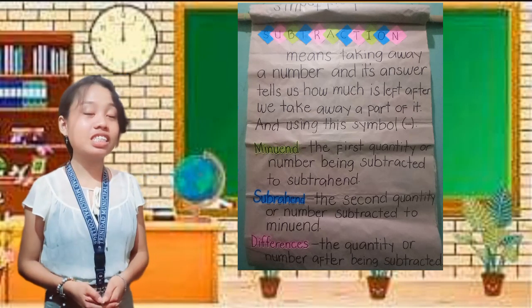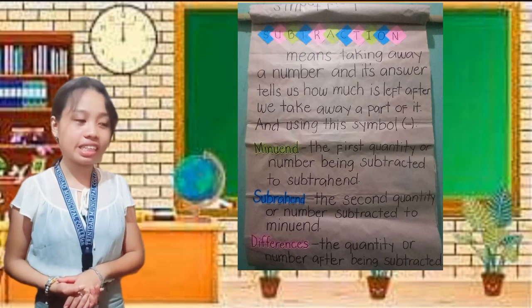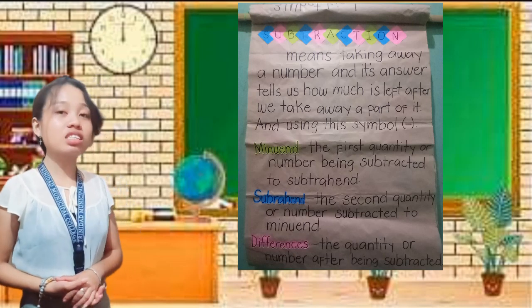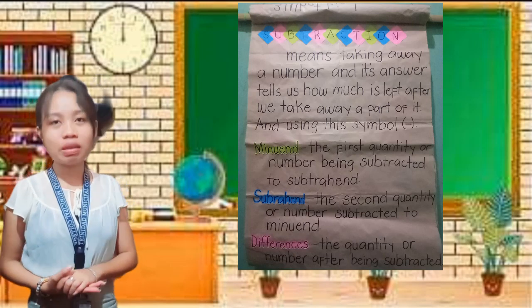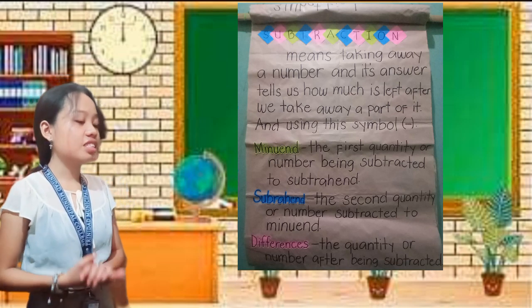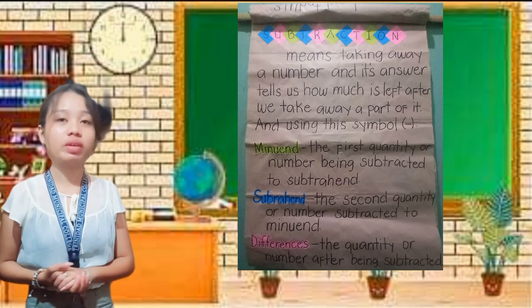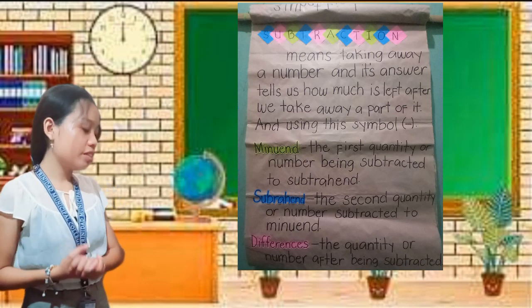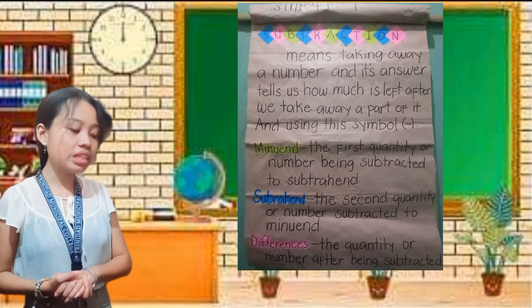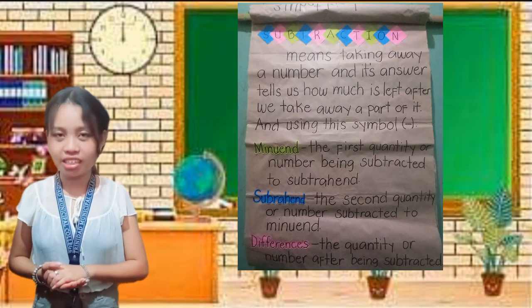The first is minuend. Minuend is the first quantity or number being subtracted to subtrahend. Next is subtrahend, the second quantity or number subtracted to minuend. Then difference, the quantity or number after being subtracted.